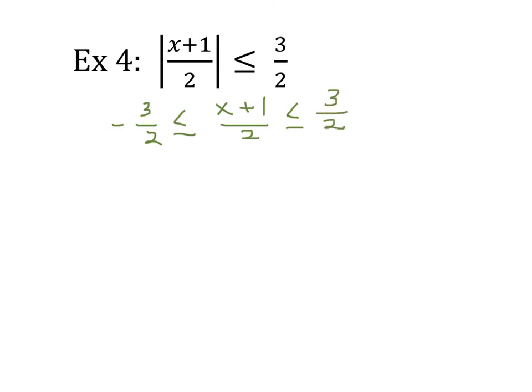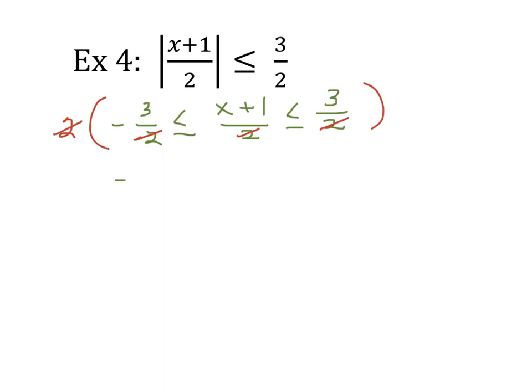Now what I notice here is that we have a denominator of 2 everywhere. So we are going to multiply everything by 2, which means all of the denominators cancel.